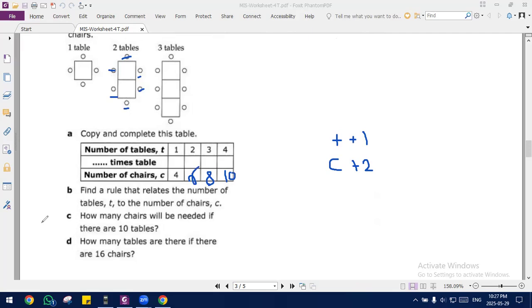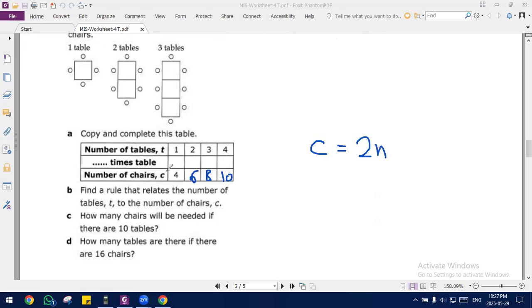Now, it's better if we write the formula. Let's call the formula C, number of chairs, is equal to. Now check, each time is, as I said, increasing by 2. So we write 2n. Now we check.